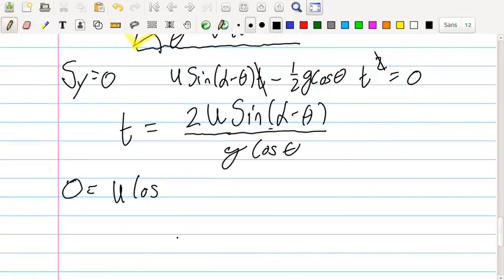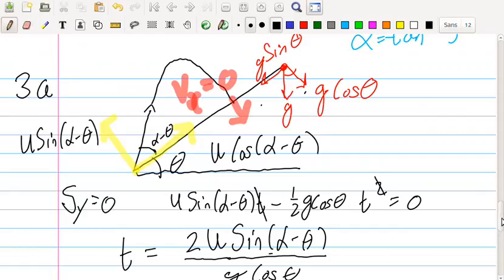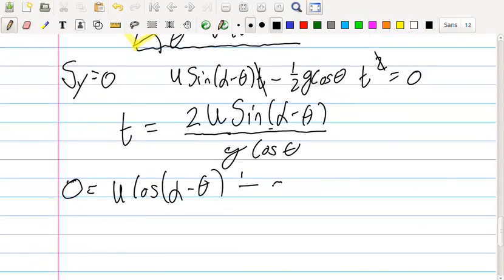V is u plus at. So that's minus g sine theta t equals 0. I wrote 0 already there.